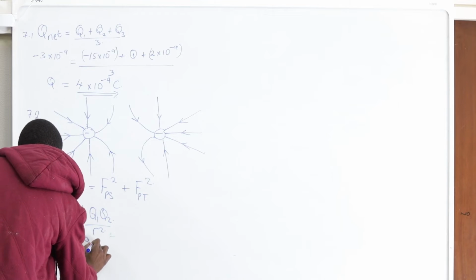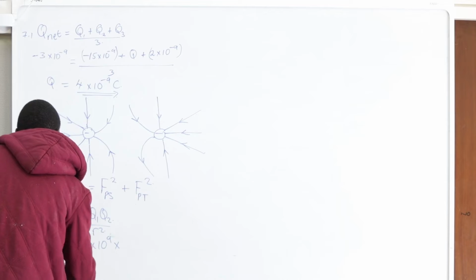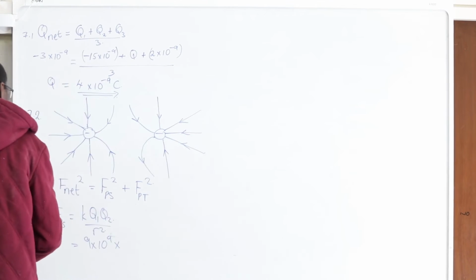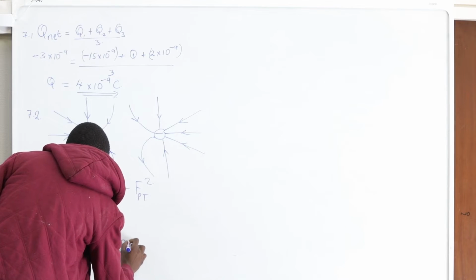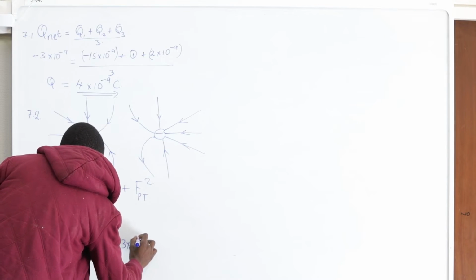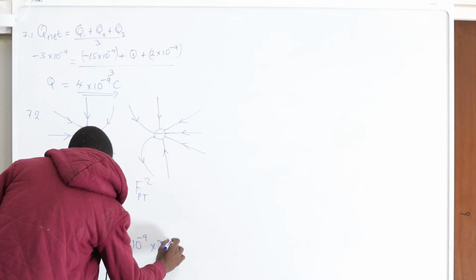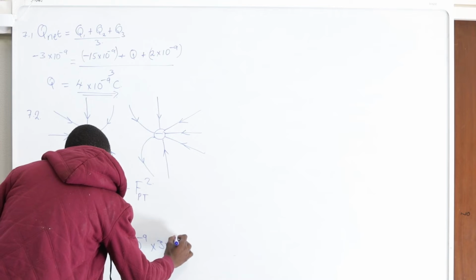My K is 9 times 10 to the power 9 multiplied by Q1. We know that Q1 is the same value as Q2, which is 3 times 10 to the power of negative 9. Remember that we don't put in the negative sign. It's repulsive, we already know.